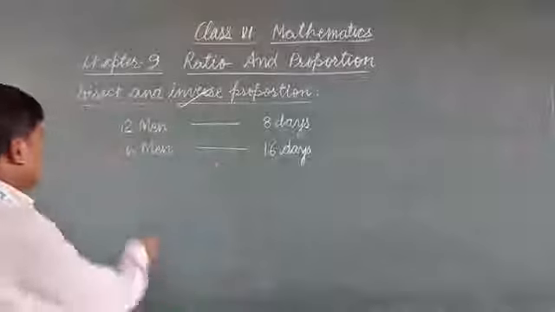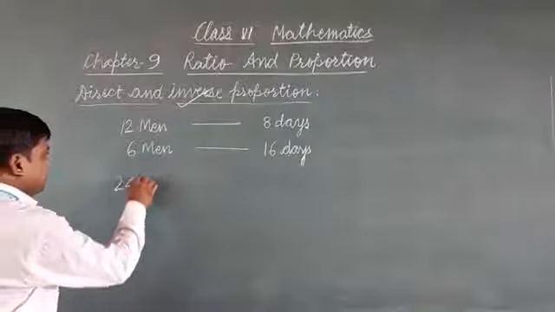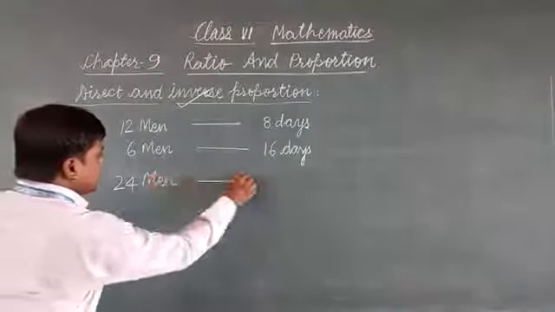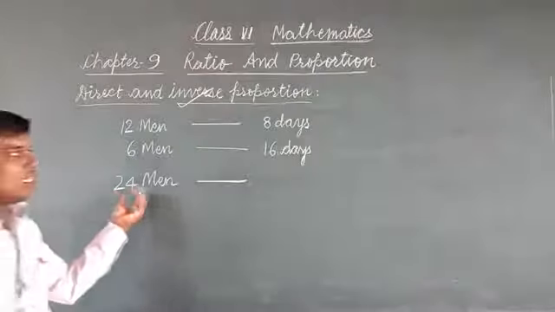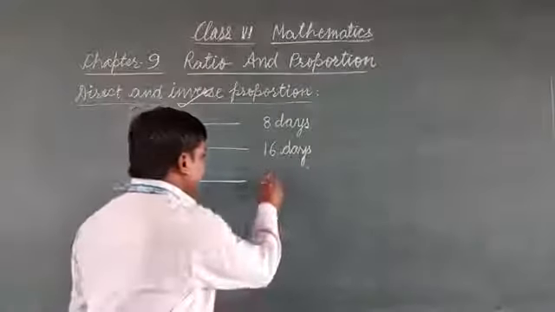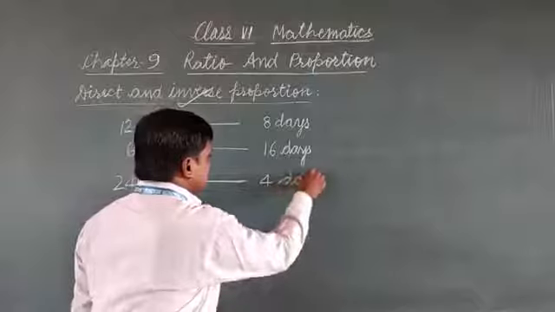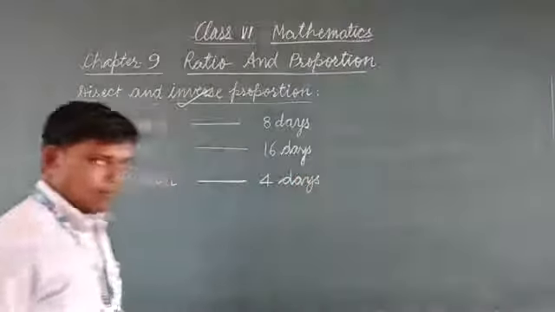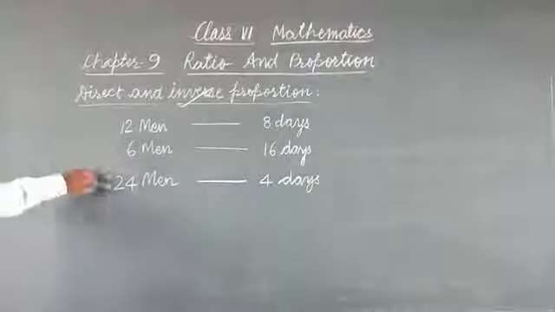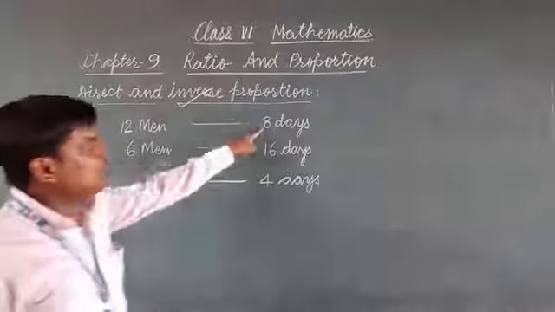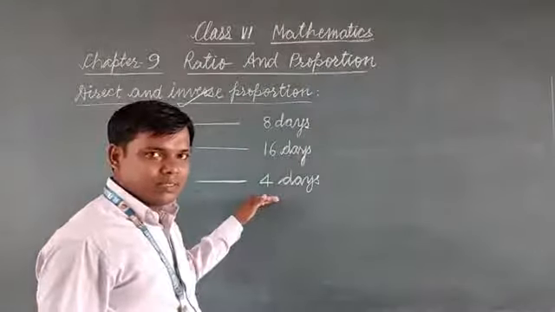Clear? Or 24 men can do the piece of work. So as the number of men increases, the number of days will decrease, to 4 days. So as this quantity increased by 2 times, this quantity decreased by 1 by 2 times.